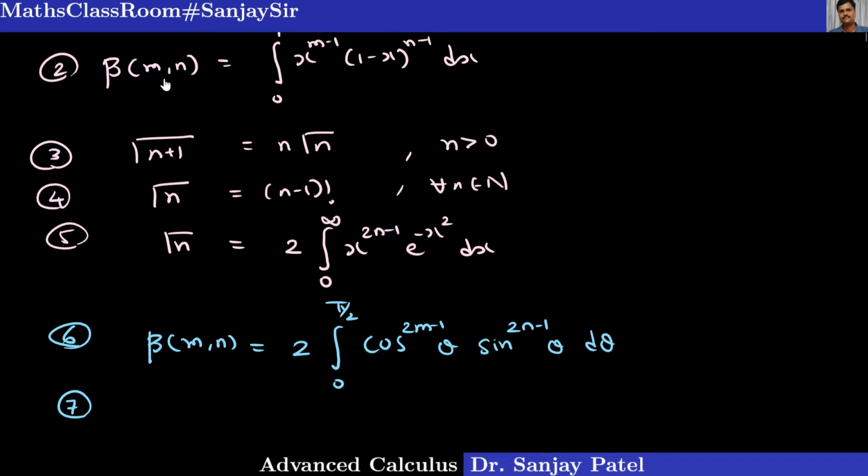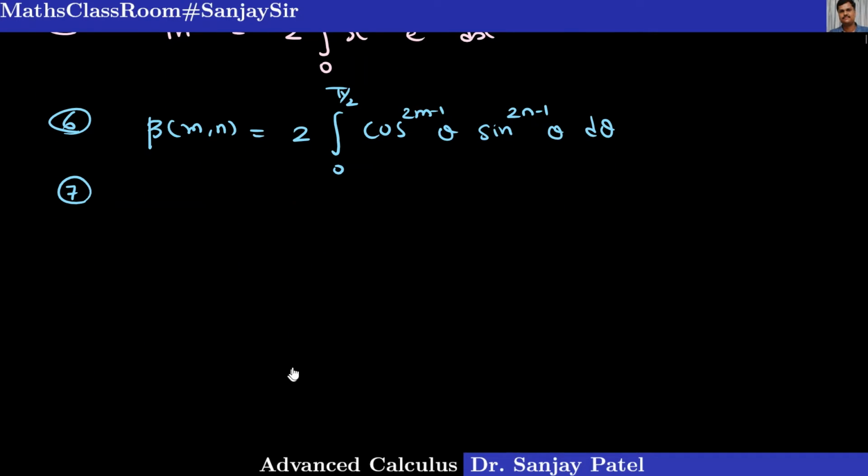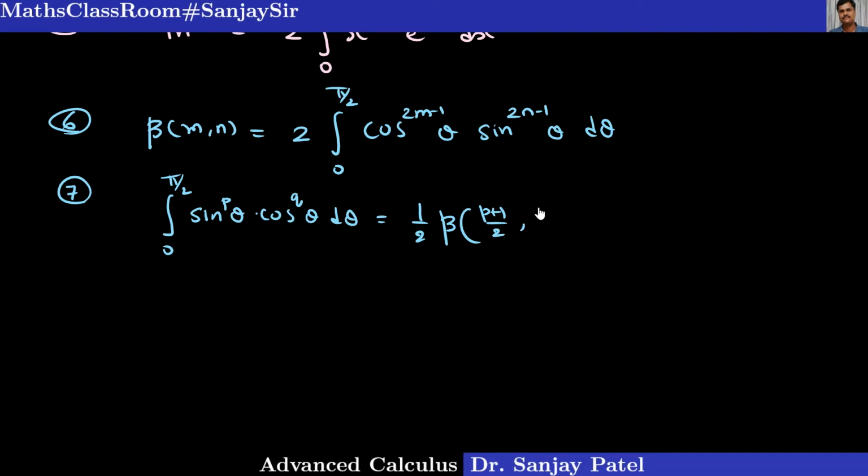Another similar, very useful result: the integral from 0 to pi by 2 of sin raised to p theta into cos raised to q theta is equal to 1 by 2 times beta of p plus 1 by 2, q plus 1 by 2.